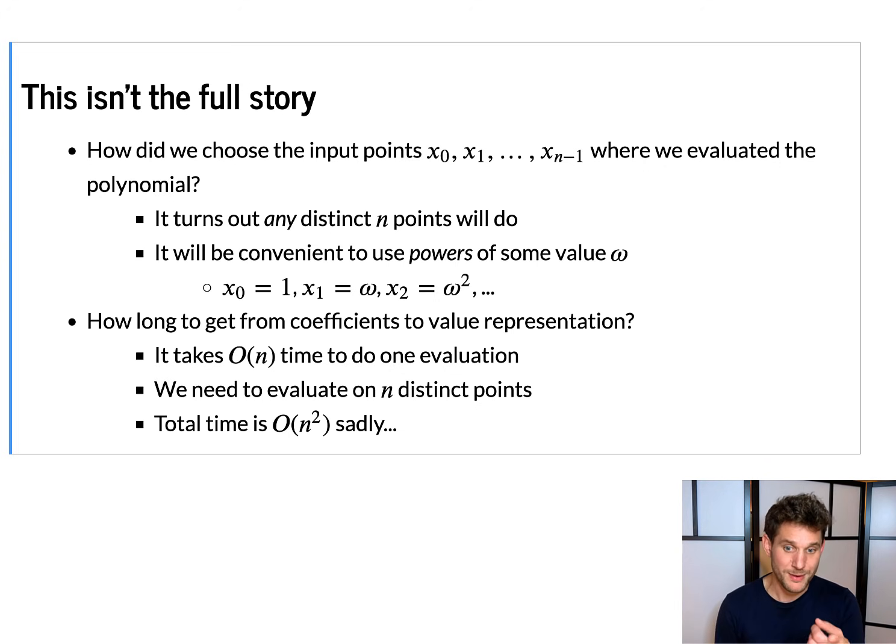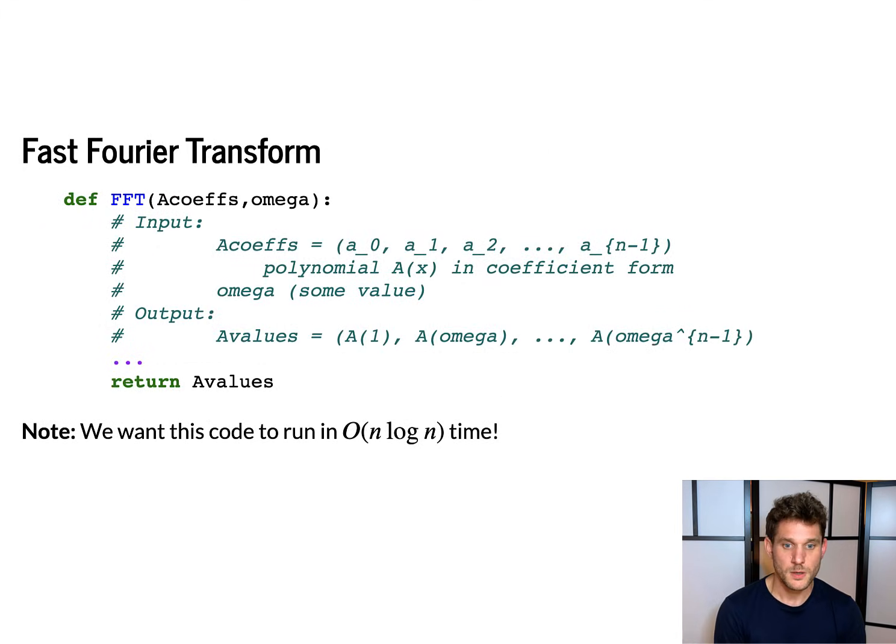But we need to evaluate this polynomial on n distinct points to get a value representation. So in total, it takes on the order of n squared, right? We had to do n evaluations, each taking O of n time. The total time is on the order of n squared. That's too bad. Turns out that's actually not so bad. The fast Fourier transform is going to solve this problem for us and make this a lot faster. So let's look at that.